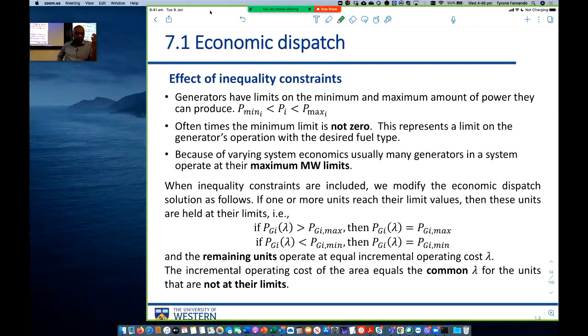So the load will have to be matched so that supply and demand are the same. Otherwise, we can have a blackout. Oftentimes, the minimum limit is not zero. This represents a limit on the generator's operation with the desired fuel type.